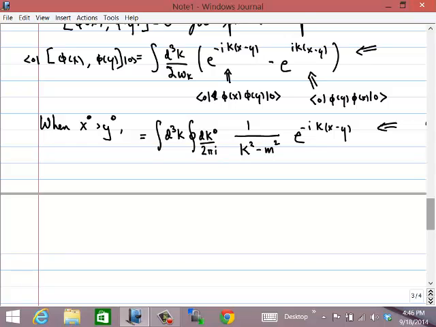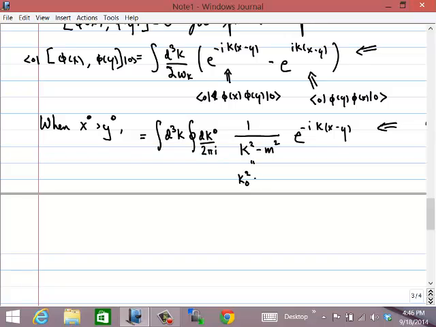So let's investigate this integrand here. That integrand is some analytic function of k0, which has 2 poles. So that denominator here, let's write it out a little bit more explicitly. What is it?